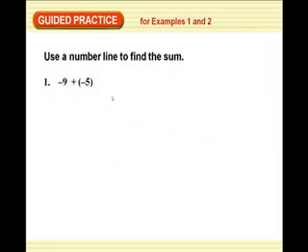There we go. Okay, so use a number line to find the sum. So here we are. Here's 0, -1, -2. I should number by 2's. We won't always do this, so don't panic on me.